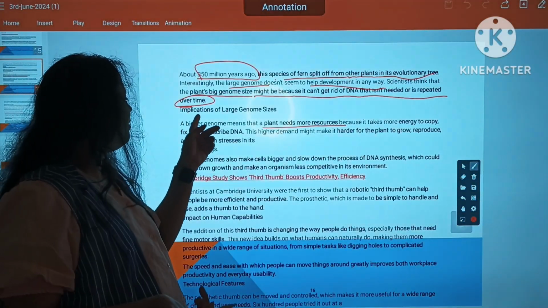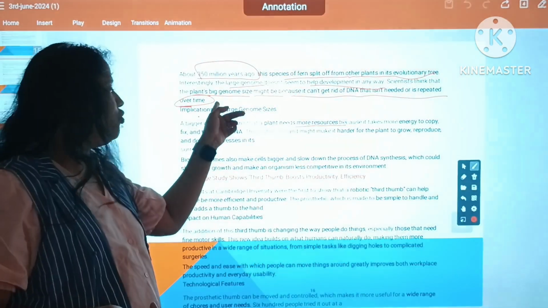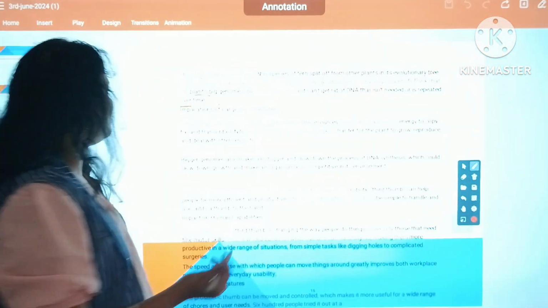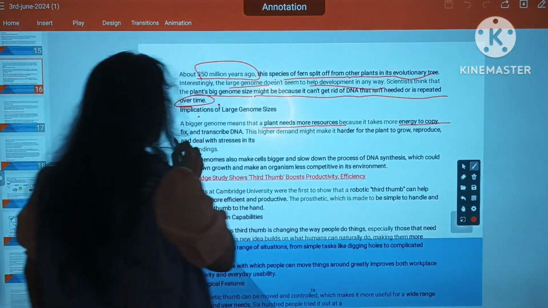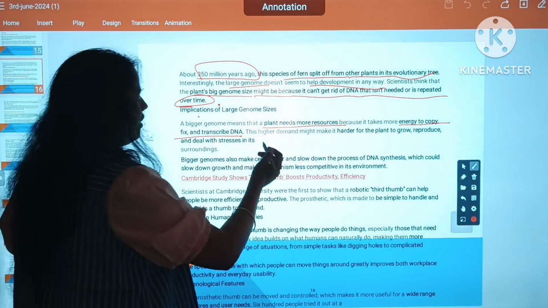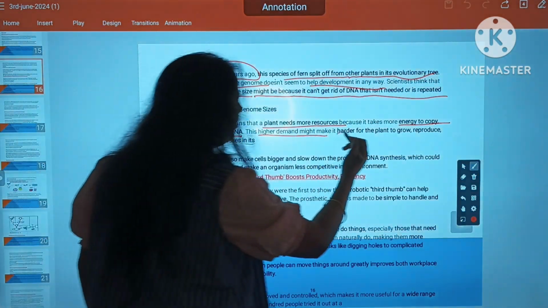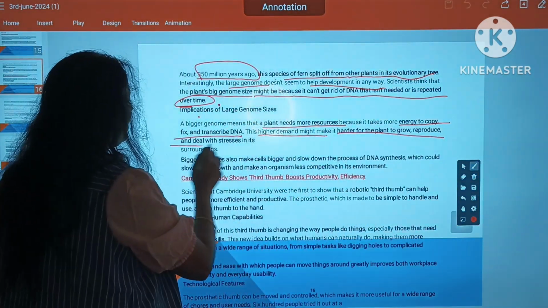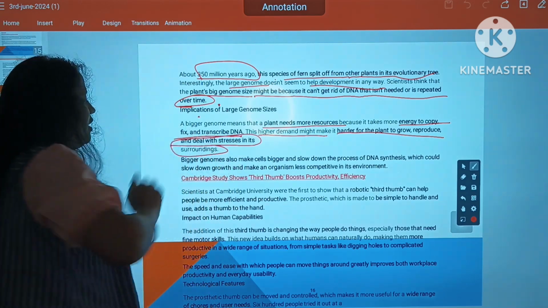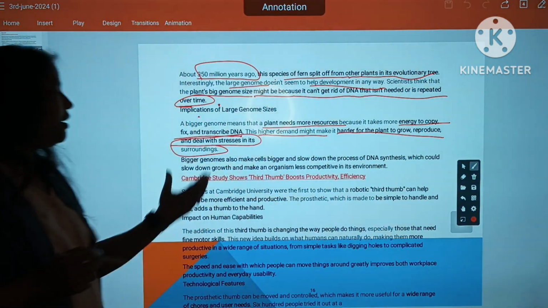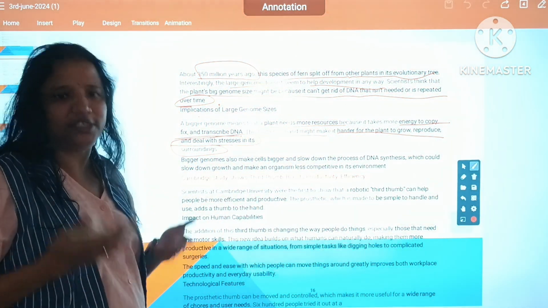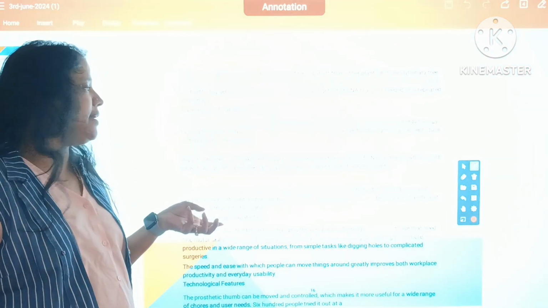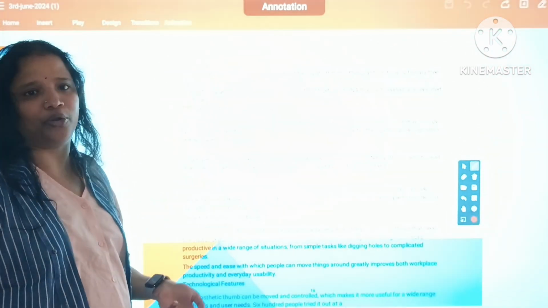So what is the problem with this big size genome? The plant needs more resources, energy to copy, fix and transcribe DNA. So higher demand might make it hard for the plant to grow, reproduce and deal with stress in its surroundings. Means suppose the plant itself is in stress because of this big size, then how can it reproduce?